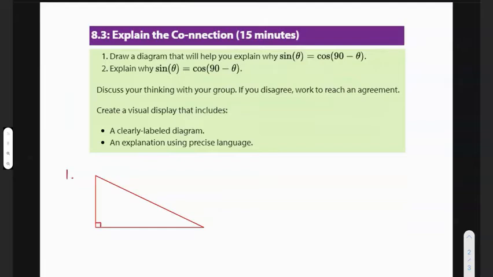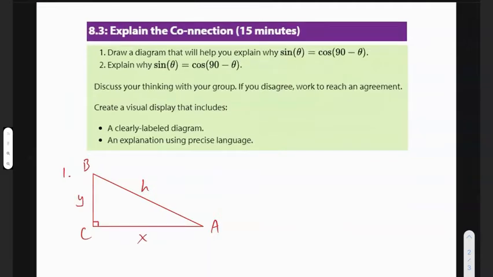Okay, so sine of theta. Let's go ahead and label this triangle. We got A, we got B, and C, right? And hypotenuse, and we'll label this X for the base, and for the height, we'll do Y, or the leg will be Y. Sine of theta.